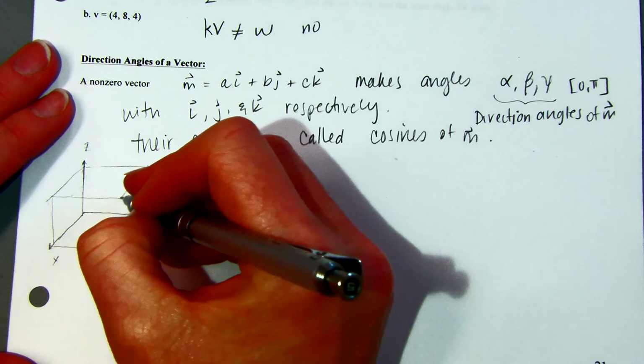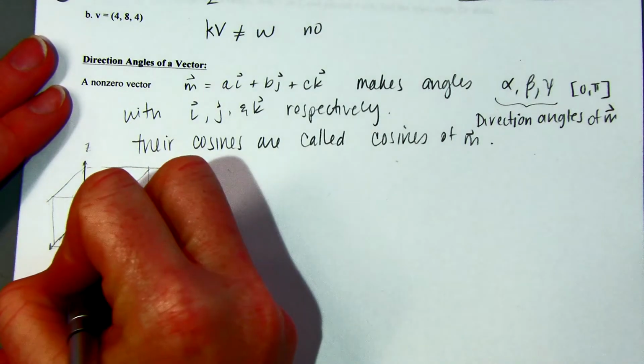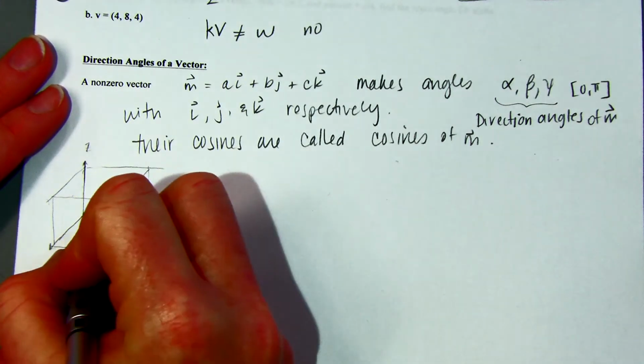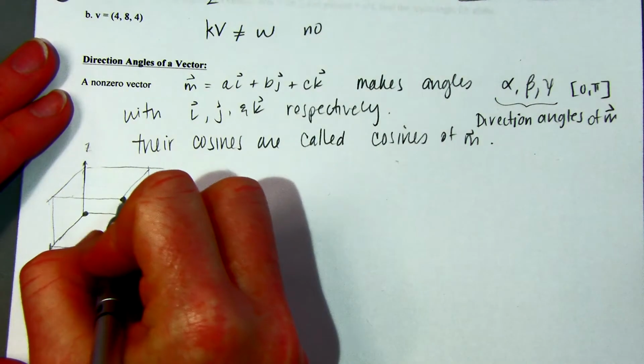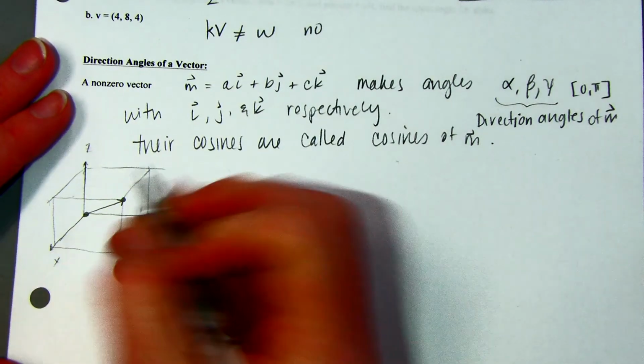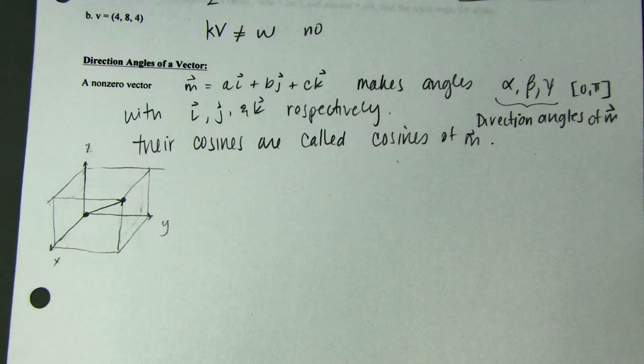Yeah, that's better. There's vector m, which is going from the origin up to this corner that's coming out at you.